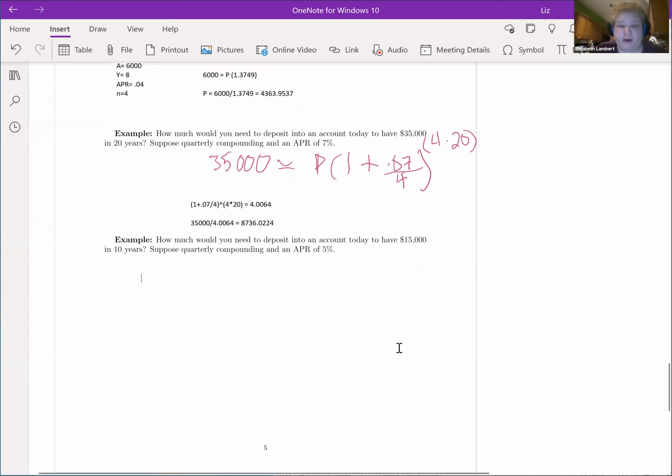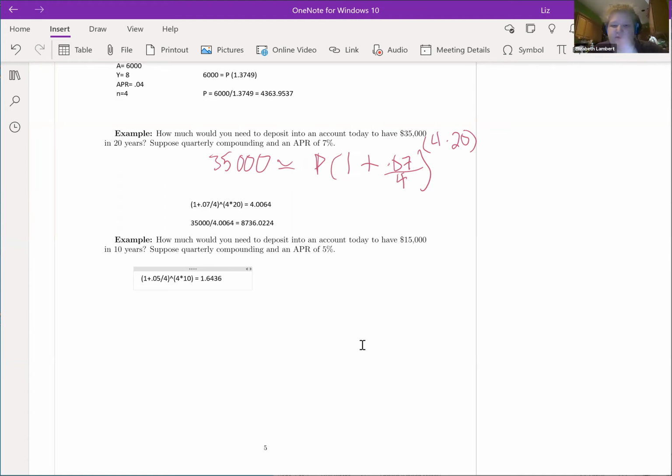How much would you need to deposit into an account today to have 15,000 in 10 years with quarterly compounding and an APR of 5%? So let's calculate our 1 plus 5%, 0.05, quarterly compounding 4 times a year, raised to the 4 times per year over 10 years.